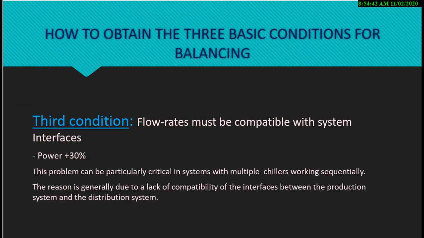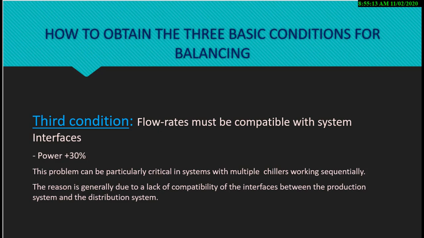Now, the third condition: flow rates must be compatible with system interfaces. In many systems, the installed power exceeds the required maximum value by more than 30%, but the distribution circuits still do not receive enough power. The power produced by chillers simply does not reach the cooling circuits.